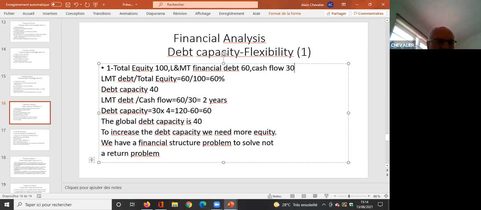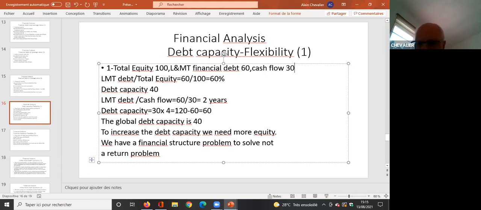Okay. So now, for the repayment constraint, what is the debt capacity? Total debt capacity is equal to the level of the cash flow, 30 multiplied by 4 years, which is equal to 120.